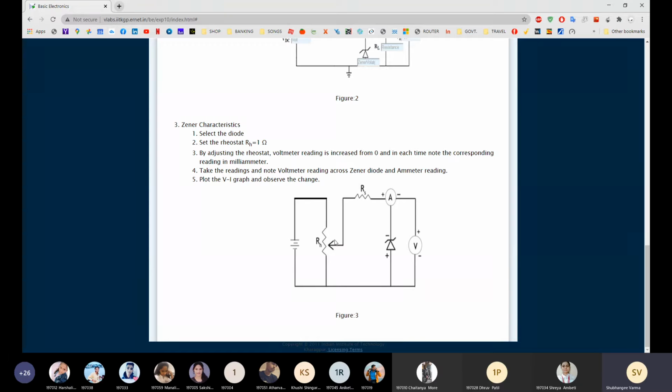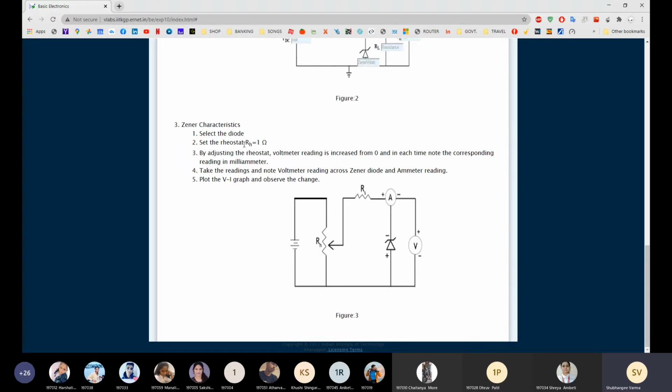So here we are using the rheostat for getting a variable voltage. Rheostat can be used to control a voltage. Whenever you want to get a variable voltage, you can use a rheostat or potentiometer. By changing the rheostat, you can change the voltage.